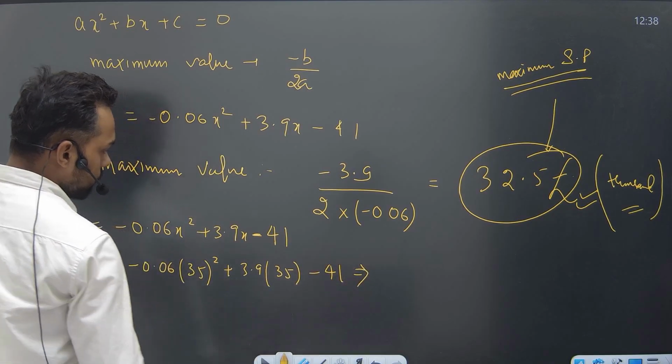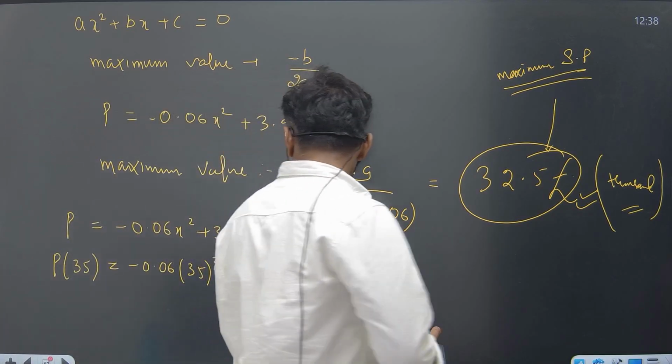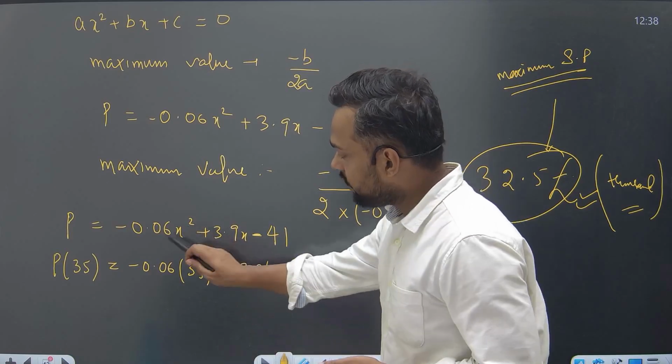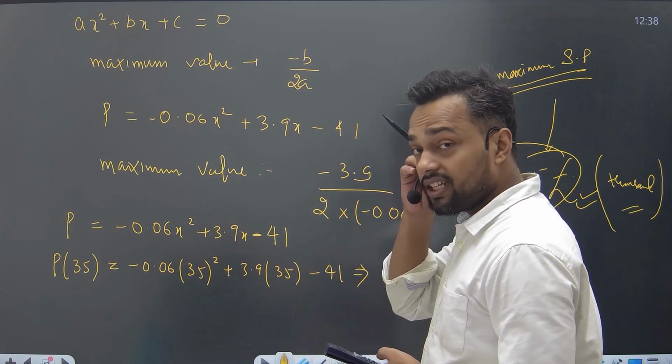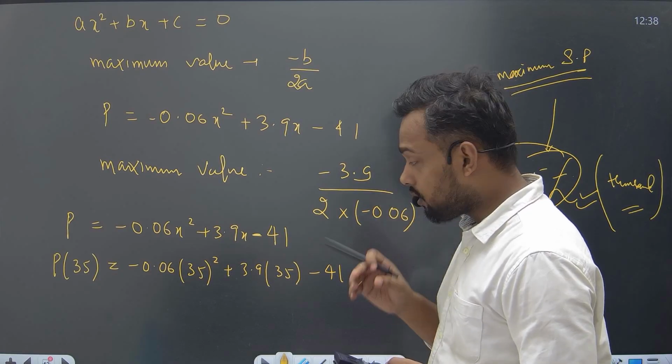We need to calculate this value. We are just plugging in x equals 35 pounds to see whether they have mentioned the correct profit or not.